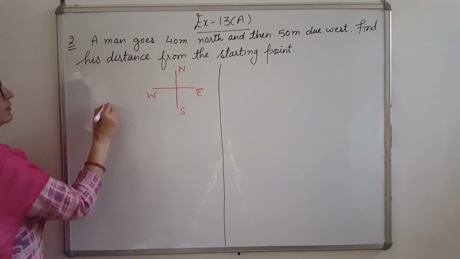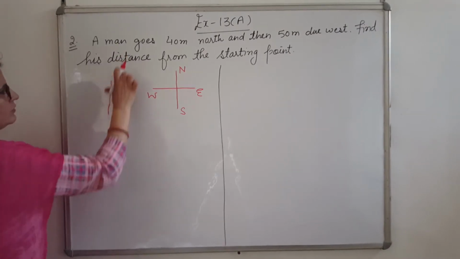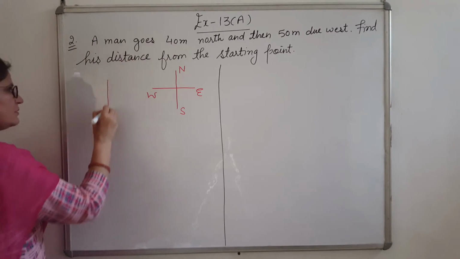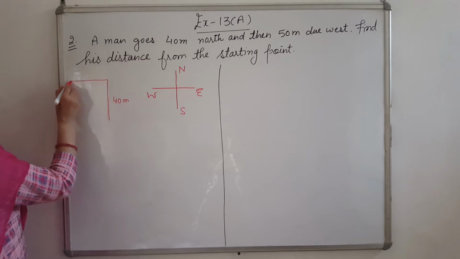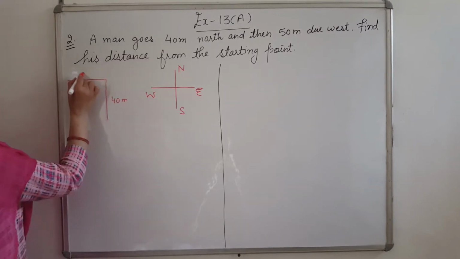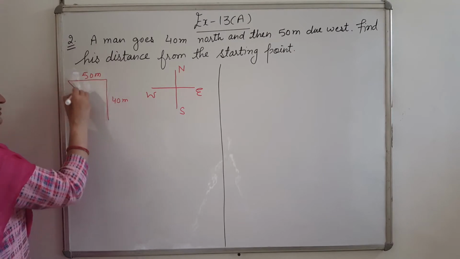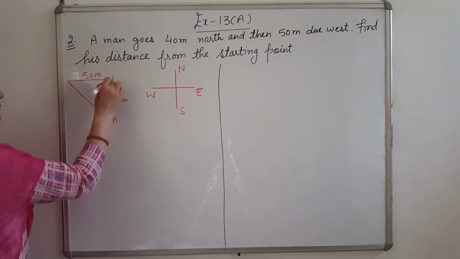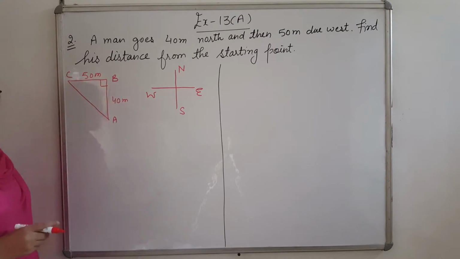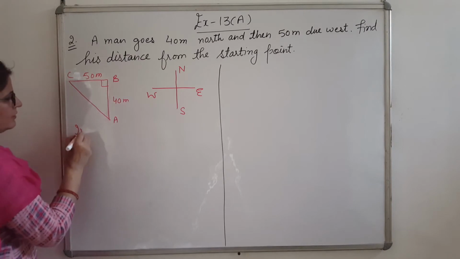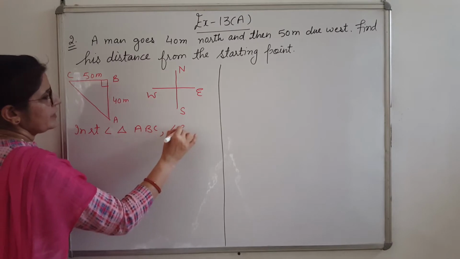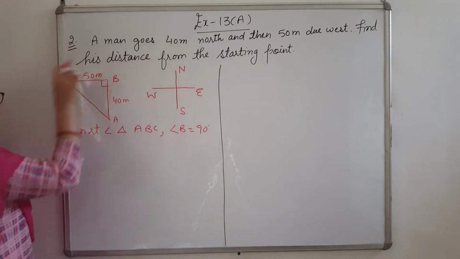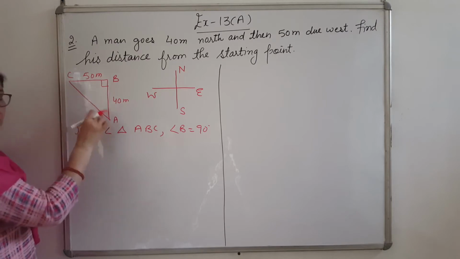We start from here, 40 meter, then towards the west, how much? 50 meter. You have to find this distance. A, B and C. So like this we are getting a right angle triangle. In right angle triangle ABC, angle B is 90 and these distances are given. You have to find AC.